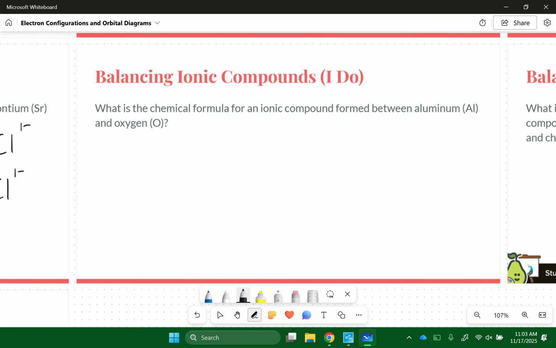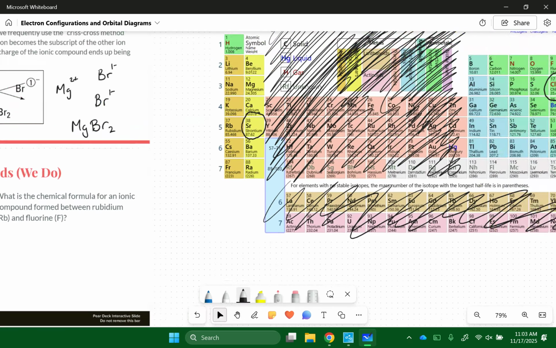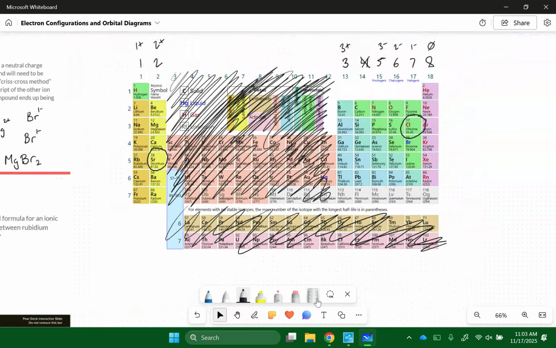It says, what is the chemical formula for an ionic compound formed between aluminum and oxygen? Okay. So, same deal. But this time, I've got aluminum and oxygen.